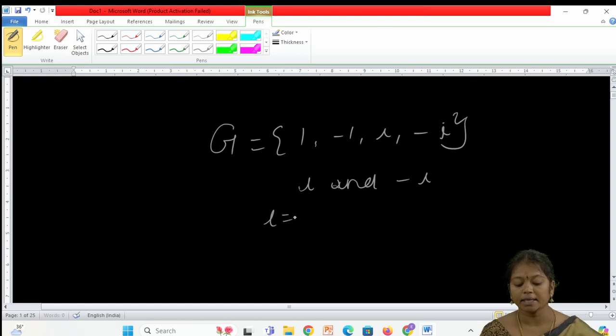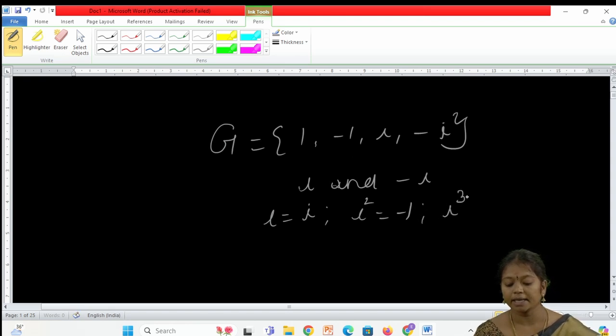Here i is one of the elements. Next, i square equals minus 1. Minus 1 is also one of the elements in this group. Next, i cube, which means i square into i, that is minus 1 into i, that is minus i. Minus i is also one of the group.